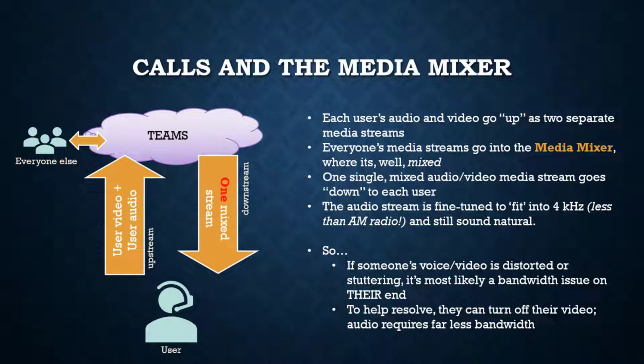So if someone is distorted, if someone is having lagging problems, or if their internet connection is bad, it doesn't affect everybody else in the team. It's simply them. So if they are having audio issues or video issues, have them turn off their video, because that'll probably resolve their issues.